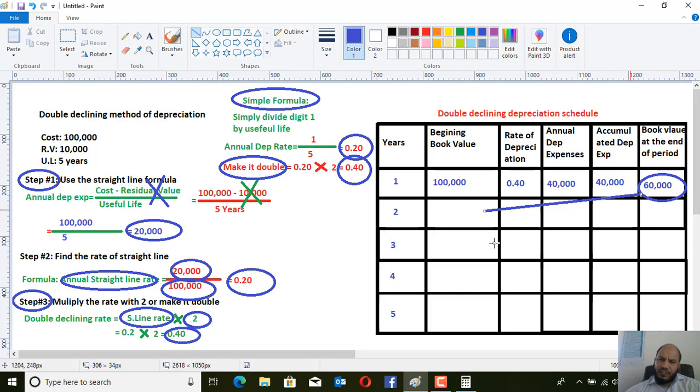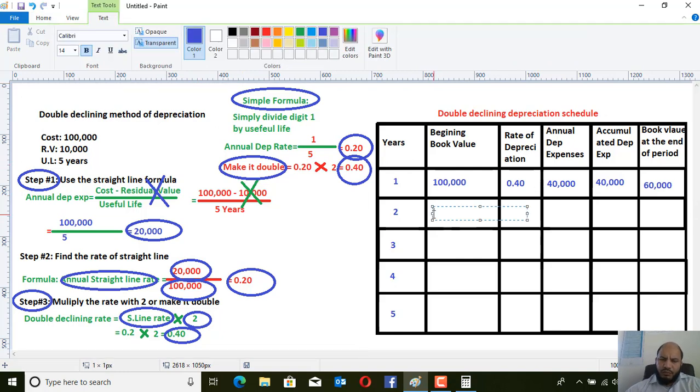That's why we bring 60,000 to the beginning of the second year, and that will be the beginning value of the asset. Now again we will multiply this with 40%, which is the rate of depreciation.